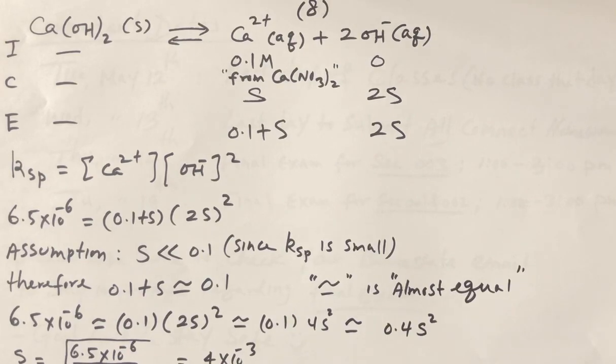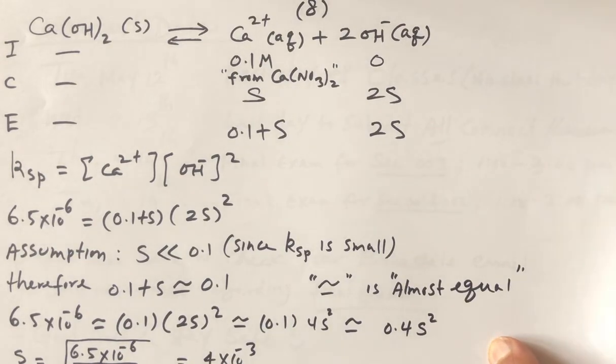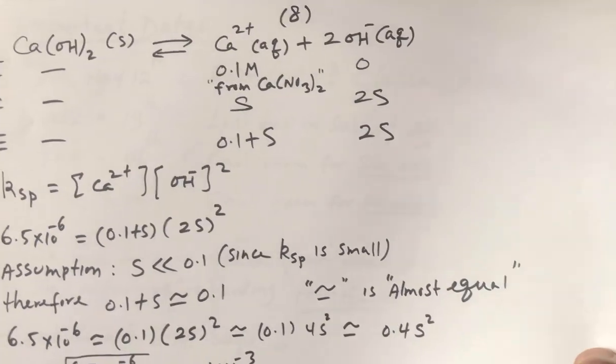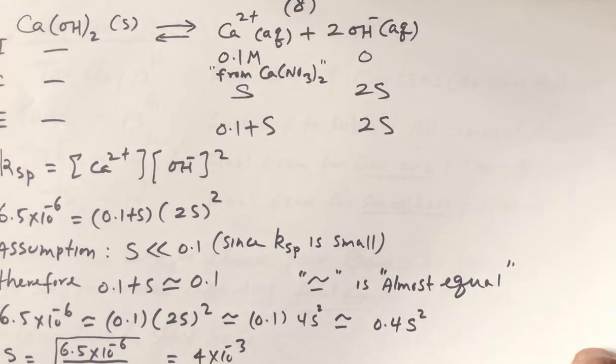Now, I have seen in the textbook that they use the 5% rule to validate the assumption, and you can also do that. In other words, if you divide this number by the initial concentration, which is 0.1, and multiply by 100%, it should be less than 5%.